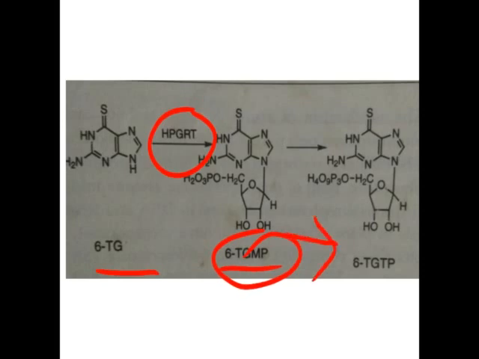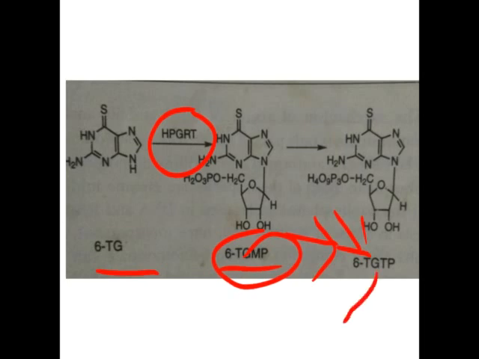Similarly 6-thioguanine forms 6-thioguanine monophosphate with the help of the enzymes HGPRT and kinase. HGPRT is responsible for the addition of the sugar moiety, and kinase is responsible for the phosphorylation process. Then it forms the diphosphate and ultimately 6-thioguanine triphosphate.